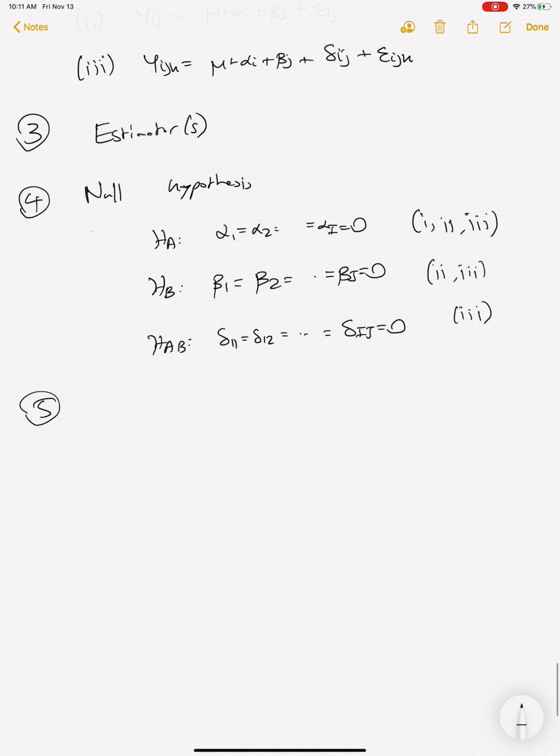And then probably the most critical part to understand and get your head around is the ANOVA decomposition plus degrees of freedom. The degrees of freedom often take a bit of time to get your head around.